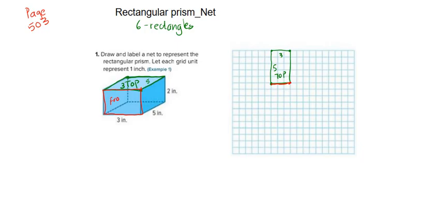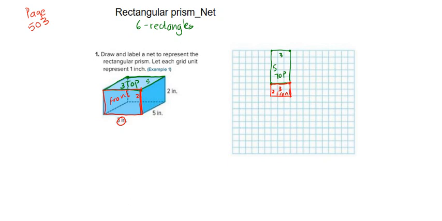The dimensions you can see are 3, and this other dimension is not given, but it's opposite this dimension, so you know it's 3 by 2. So this dimension here is 2. This is already 3, and so we're going to fill in the 2 there. So the dimensions are 3 by 2, and that is the front rectangle.